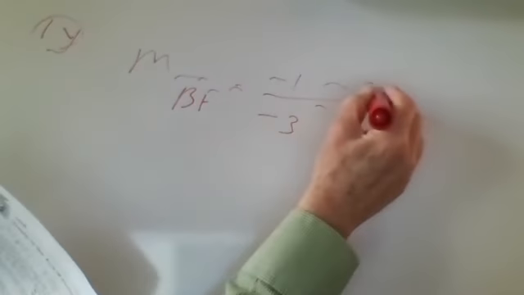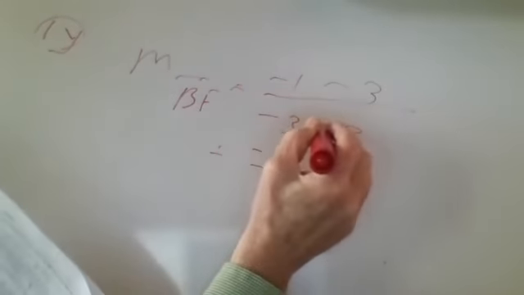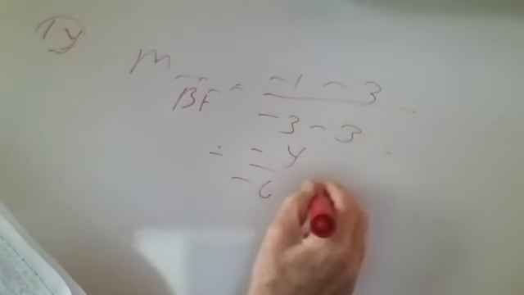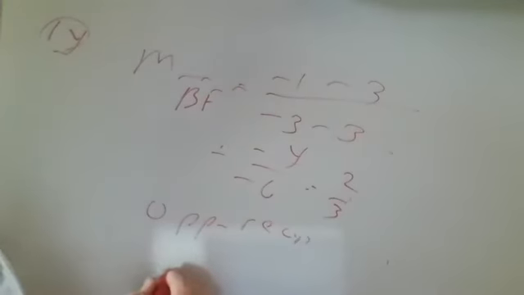Point B we said was -3, -1, and point F is 3 and 3. So -1 minus 3 is -4. -3 minus 3 is -6. That reduces to 2/3. So the opposite reciprocal of 2/3 is -3/2.